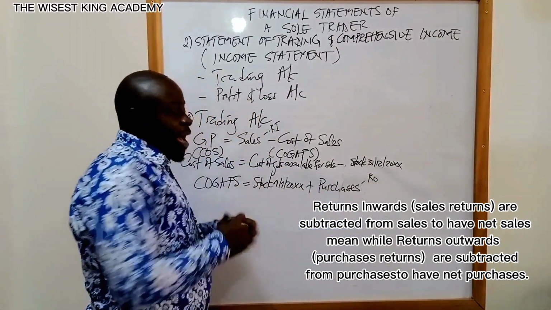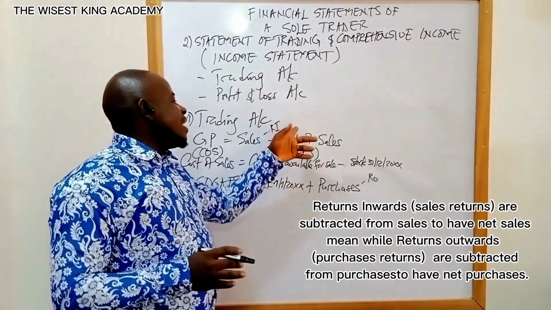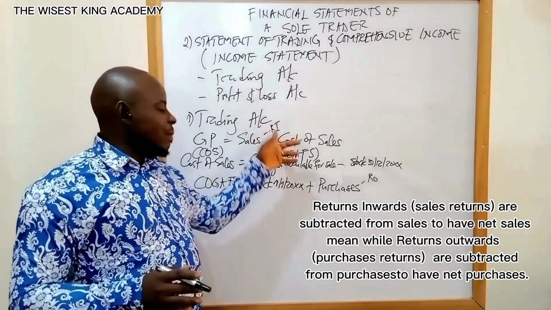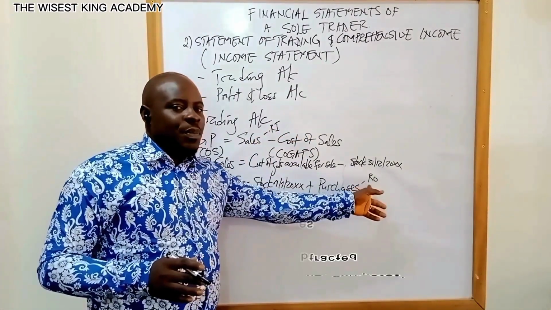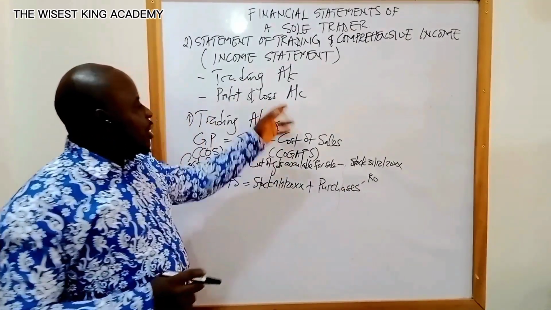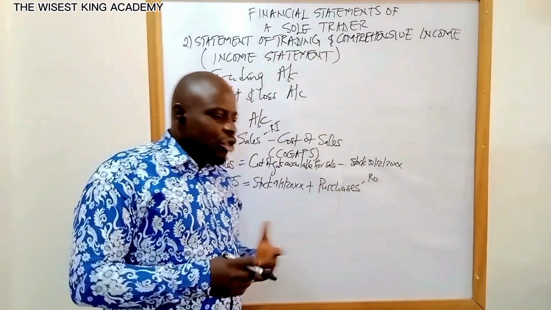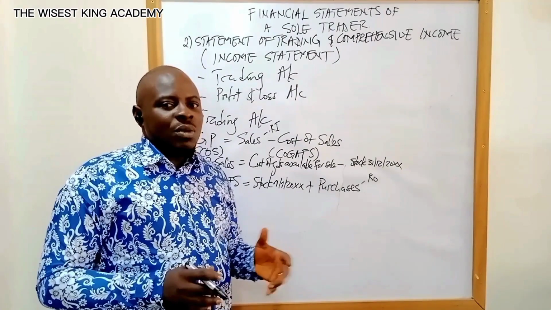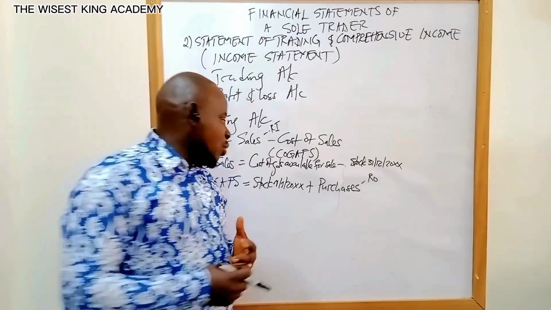I repeat, returns inwards are subtracted from sales, while returns outwards are subtracted from purchases. Now, these totals are extracted from the returns inward and the returns outward journal or daybook.